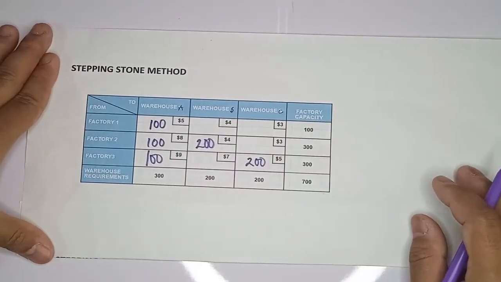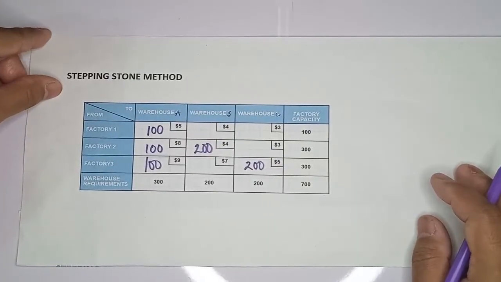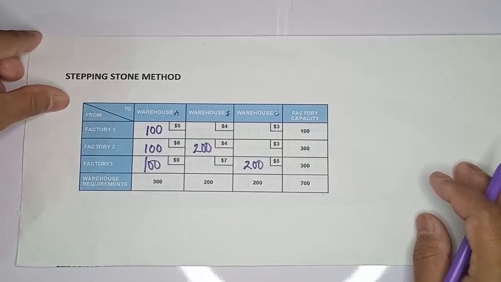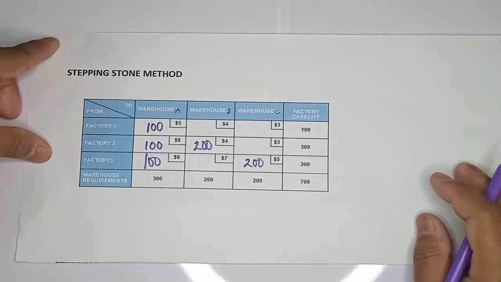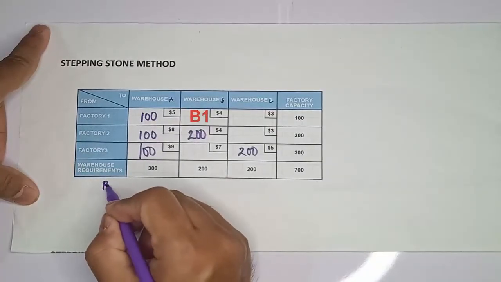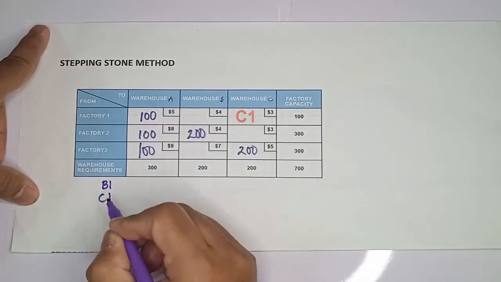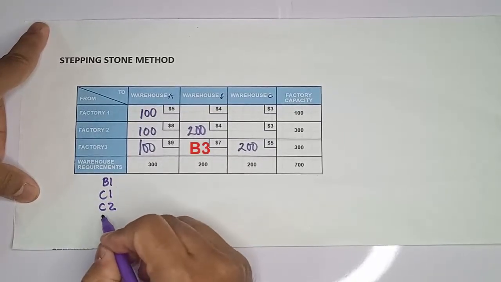We are now going to check if this tableau is optimal by checking the improvement index for each of the empty cells. So the empty cells are B1, C1, C2, and B2.